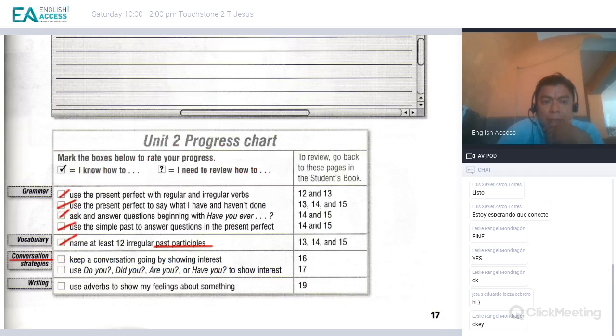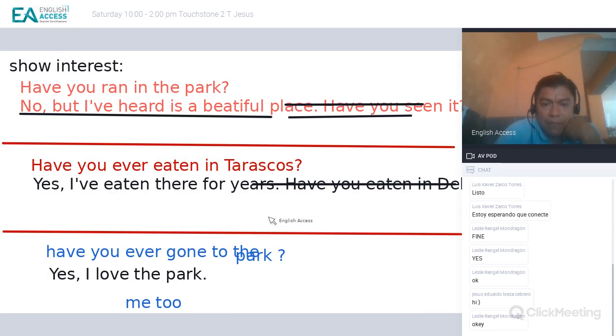Remember, let's go back to the book. It says use do you, did you, are you, or have you to show interest. So let's go back to the questions that we have. No, but I've heard it's a beautiful place. What is the correct answer to continue the conversation, to show interest?